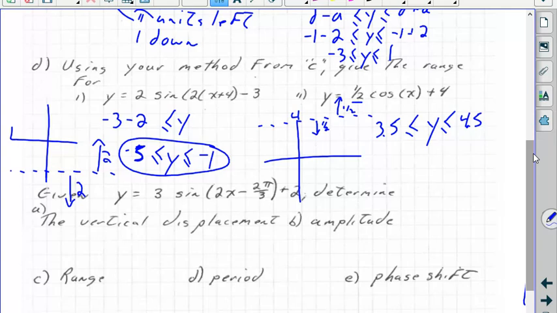This one is factored. The expression inside the function is factored. This one down here is not factored. It doesn't have the expression factored inside.